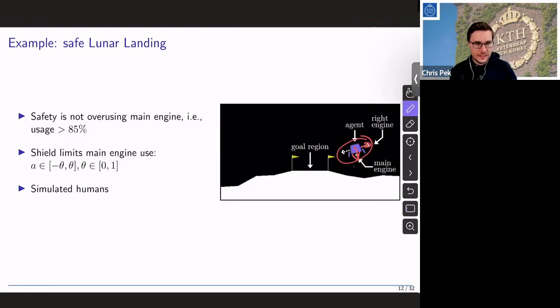And the shield limits the main engine usage. So theta is in the range from 0 to 1. 1 is 100% usage of the engine, and because you can also brake with an engine, you have minus theta to theta. So if we change theta to a larger value, the agent can use more of the main engine. Whereas if we choose a smaller theta, the agent is only able to use a smaller percentage of the main engine.